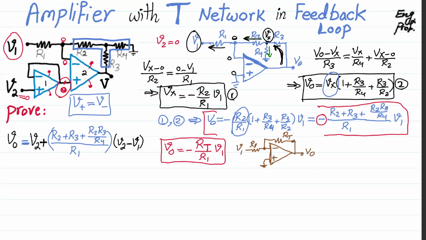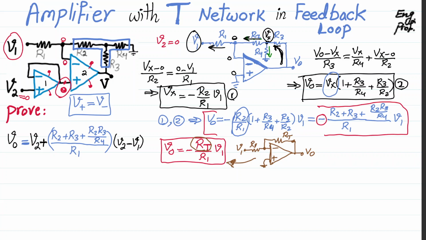We know for this circuit, which is referred to as an inverting amplifier, the gain, or the relation between Vout and V1, is defined like this. So effectively we managed to find some equivalent resistor for the feedback system that we have here.